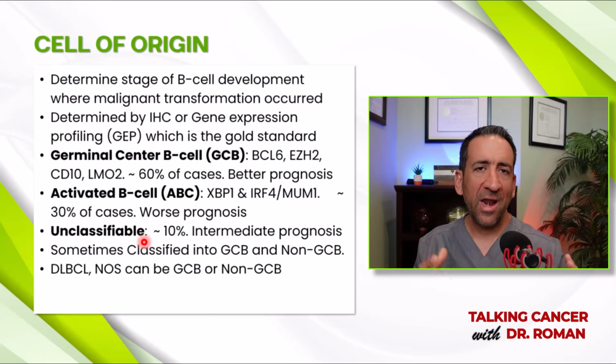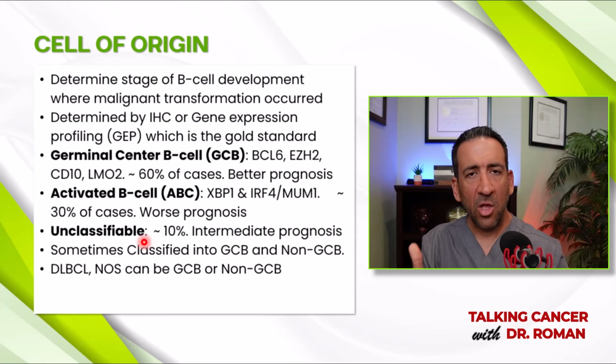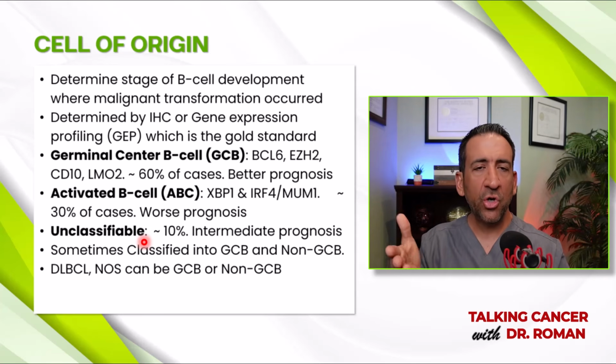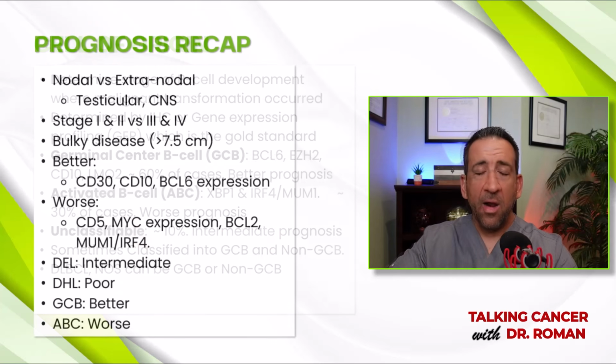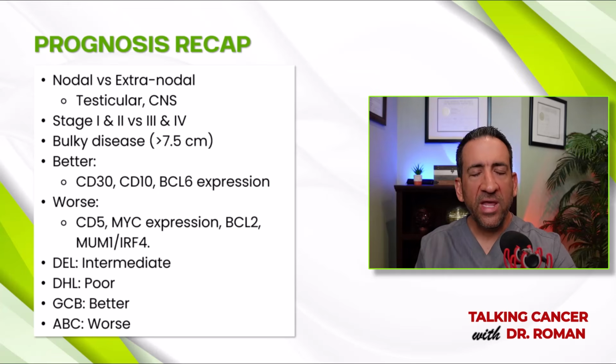So what I want you to look at on your pathology report is, if you had this cell of origin testing done, do you have a germinal center or do you have a non-germinal center? Very important.